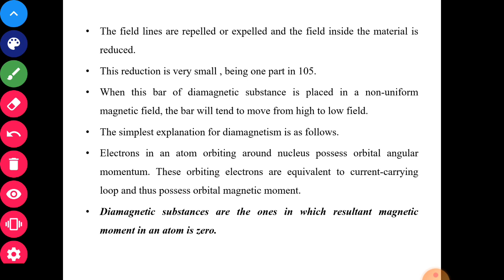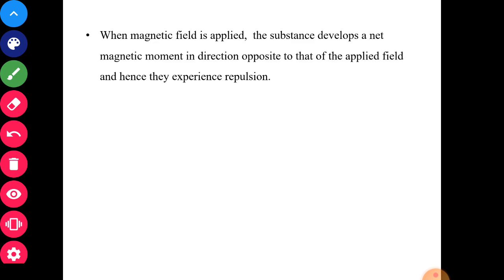Diamagnetic substances are the ones in which the resultant magnetic moment in an atom is 0. When a magnetic field is applied, the substance develops a net magnetic moment in the direction opposite to that of the field.